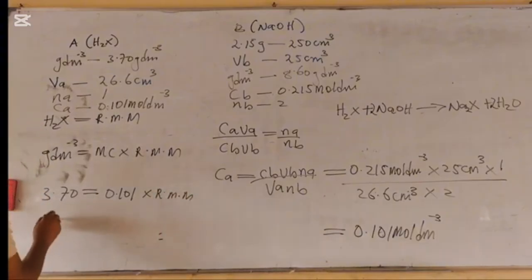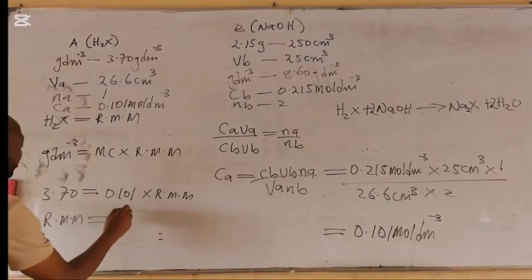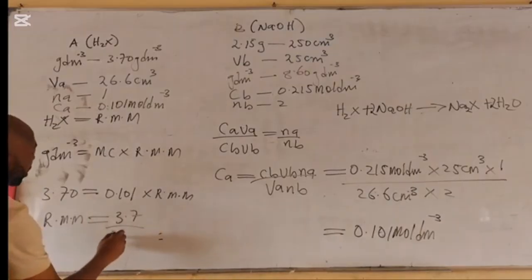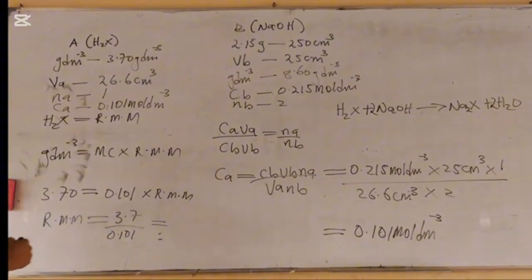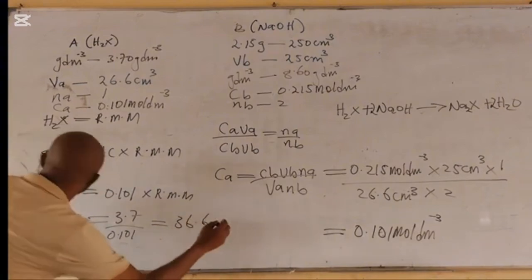So my relative molecular mass will therefore become 3.7 divided by 0.101, which is equal to this. So when I do that, let's see what we have. 3.7 divided by 0.101 is equal to 36.6. I have 36.6 g/mol.